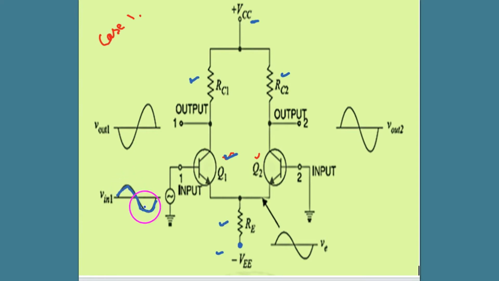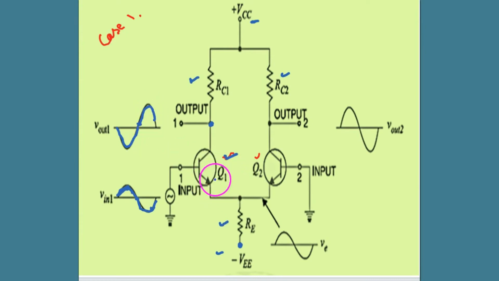If the input signal is given to the base, and if the output is taken here, then this becomes common emitter configuration. And when the output appears here, in common emitter configuration there is a phase reversal. Like this is positive going, but the output is negative going. This is called phase reversal. This is negative going, and this one is positive going.